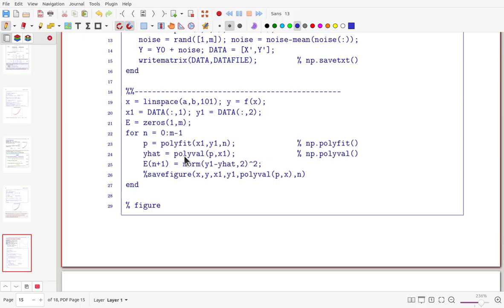Then we measure the error, and we also try to make the figure. Here I have a function save figure, and along with a certain name, it is automatically saved. But in this execution, I commented it out anyway.